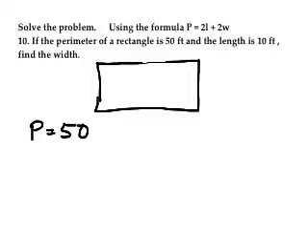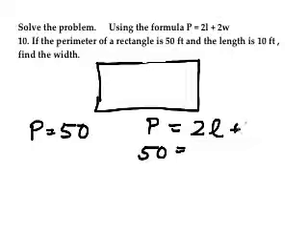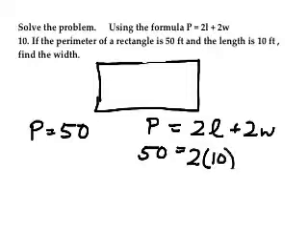So we've got our equation. In the place of P, we're going to put 50. That's 2 times the length plus 2 times the width, and our length is 10 feet. So 2 times 10 plus 2W. Now we're just solving for W because we're finding the width. We just do the same thing we've been doing all along. First we simplify both sides.